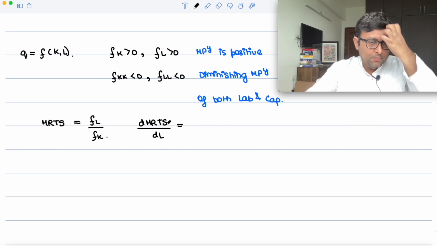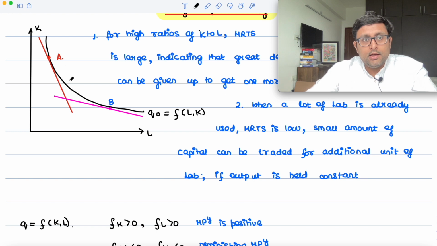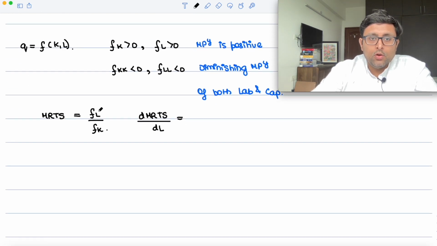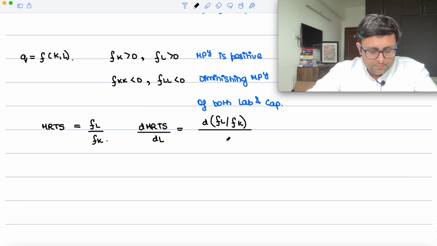You want to show that as L is increasing, MRTS is falling. That slope is falling. So this is what I want to show. So take the derivative of this with respect to L. So basically you meant this. MRTS is f_L by f_K, differentiated with respect to L.